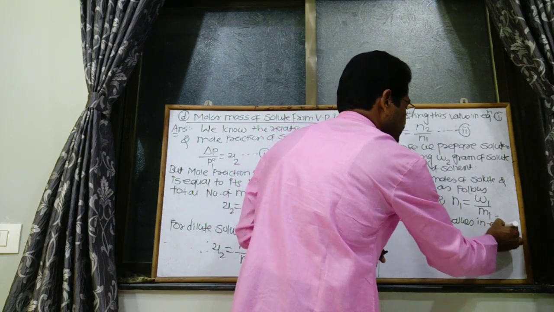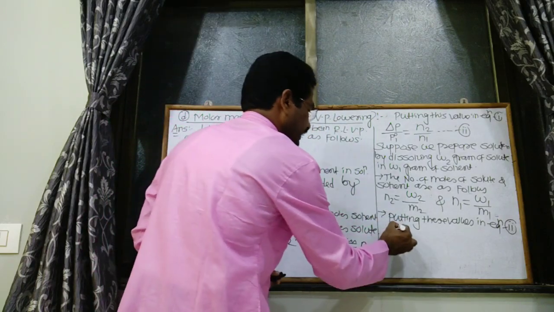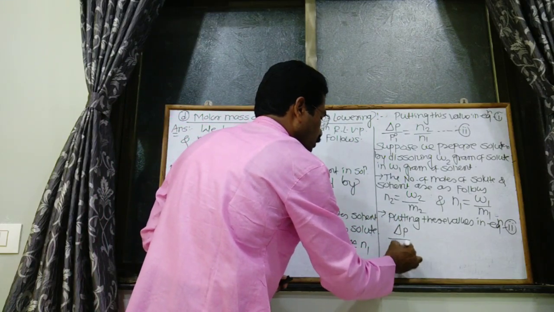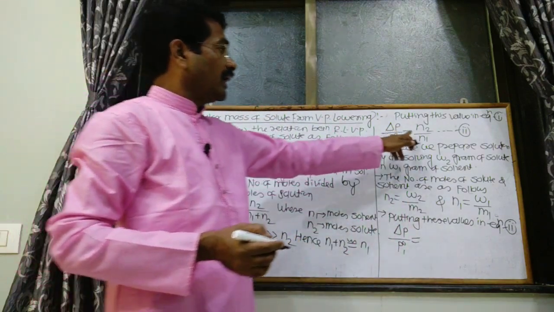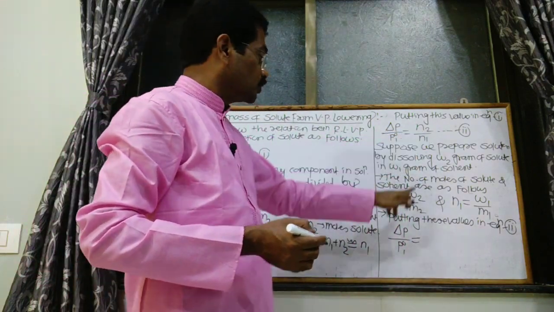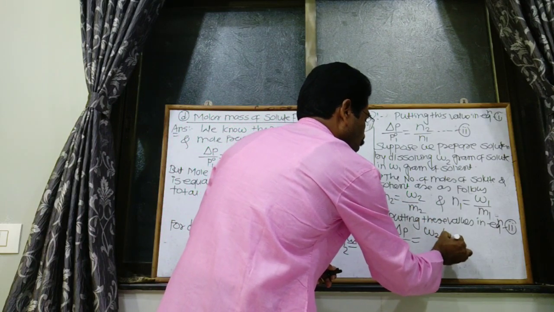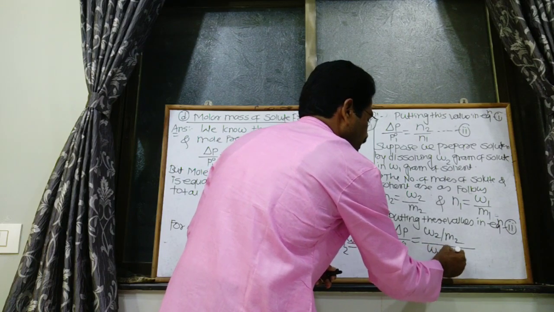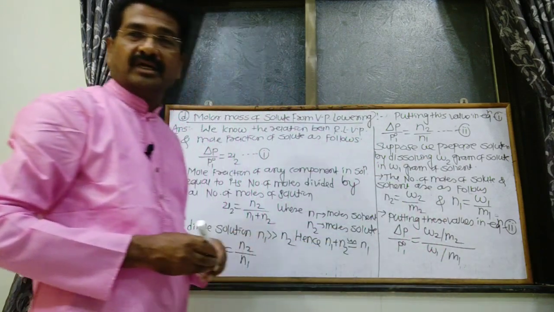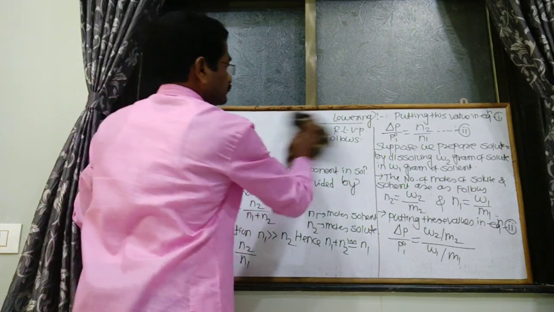We get delta P upon P01 is equal to n2, which is W2 upon M2, whole divided by W1 upon M1.